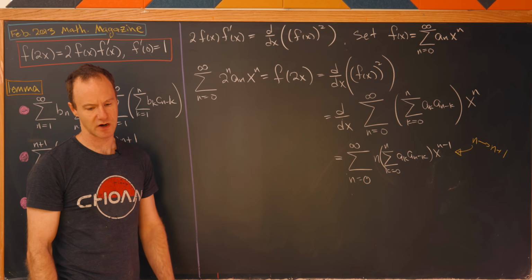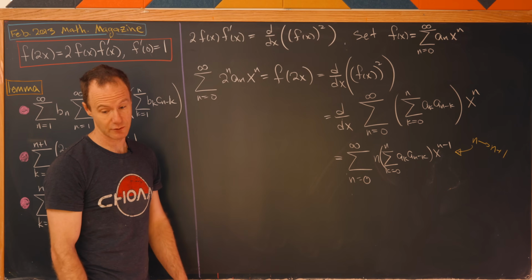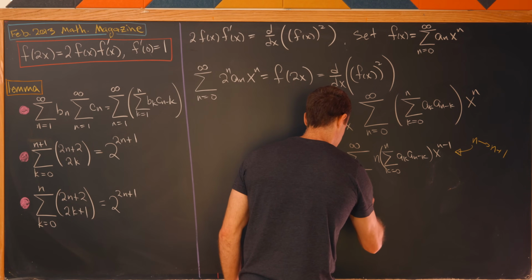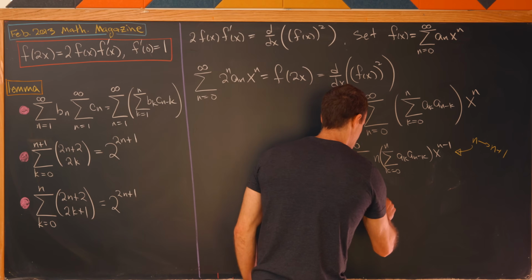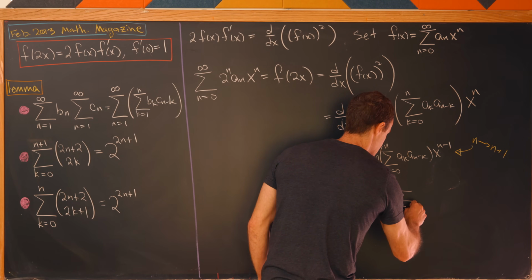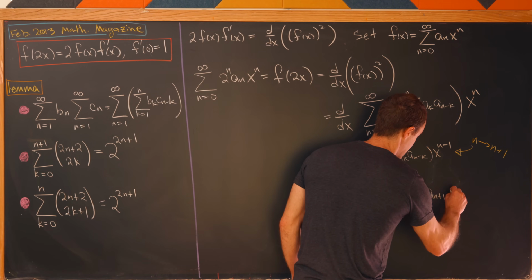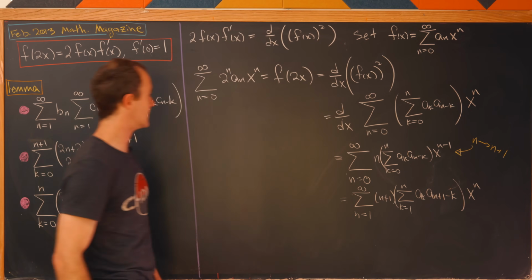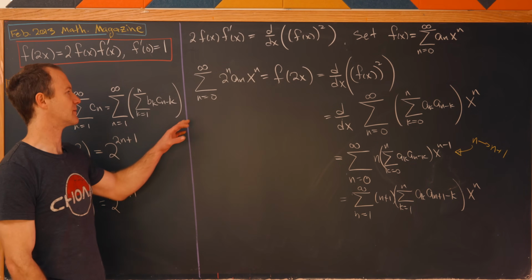What will that do to our starting point? Instead of starting at n equals 0, we'll start at n equals 1 here, and likewise we'll start at k equals 1. So that'll leave me with the sum as n goes from 1 to infinity of n plus 1 times the sum as k goes from 1 to n of a k a n plus 1 minus k, and then that's all multiplied by x to the n. Okay, so that's looking good. And now let's quickly fix something.